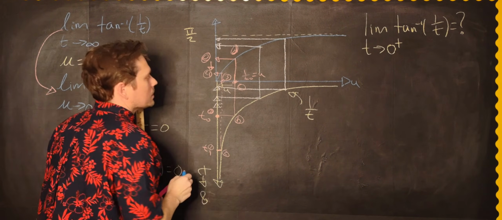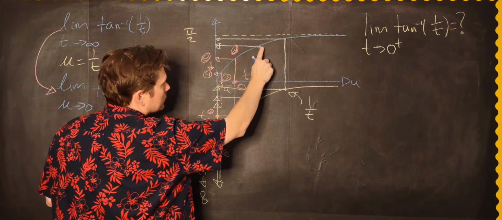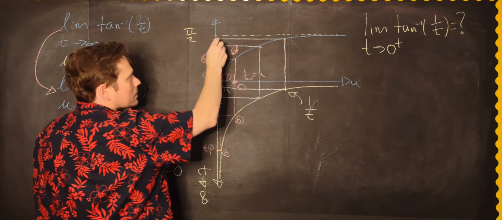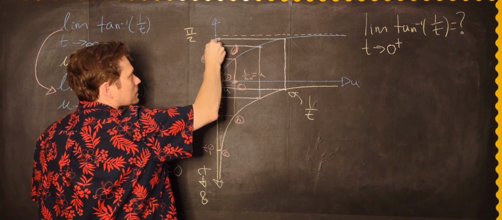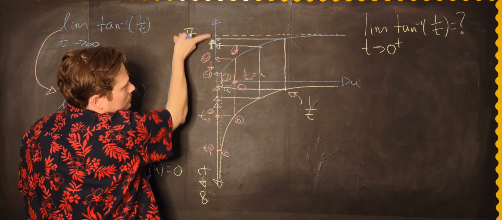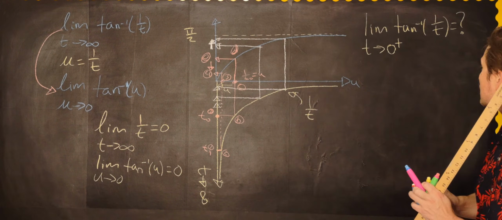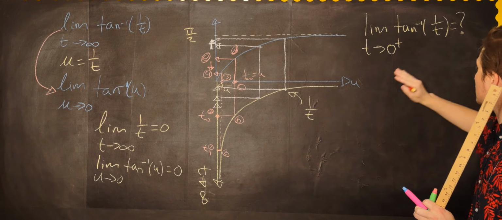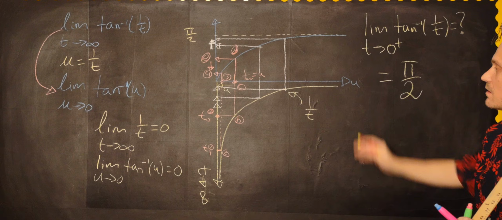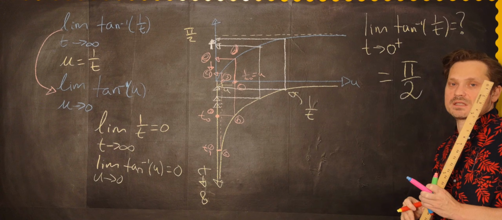So as t goes towards 0, follow these: 1, 2, 3 gets output here. As t gets closer to 0, 1, 2, 3. This is moving towards the horizontal asymptote up here. This gets output first, this gets output second. So these are moving towards the horizontal asymptote, which means the limit of the tangent inverse of 1 over t as t approaches 0 would be equal to pi over 2, purely by this kind of geometric reasoning and the connection between the graphs.